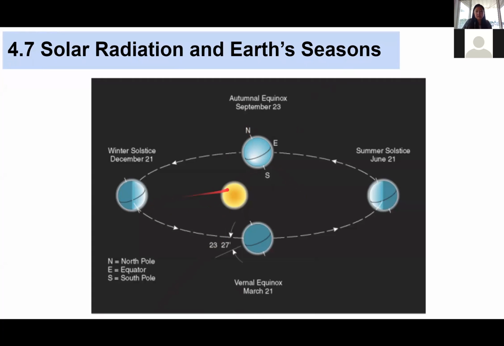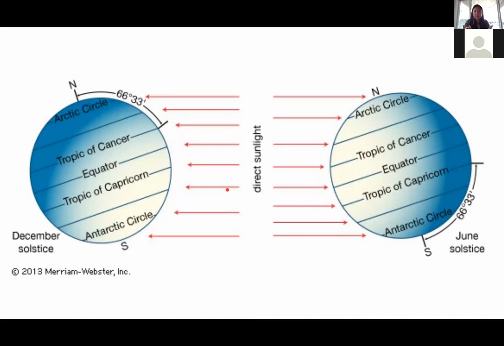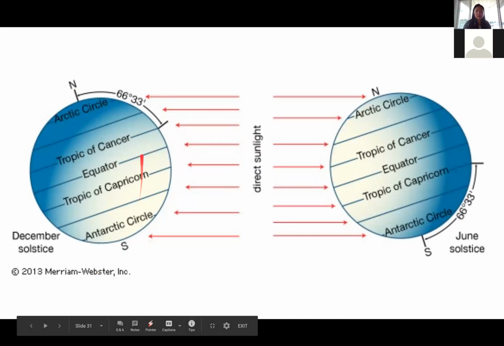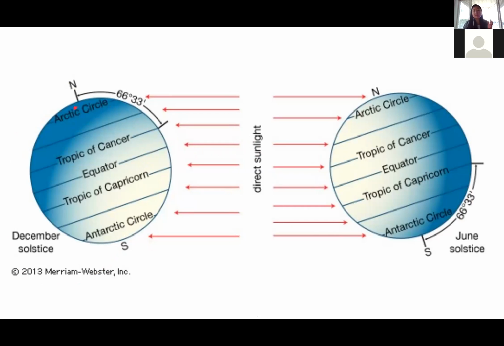So this is the picture that you often see on the AP test, and what it wants you to know is to orient ourselves, this over here is what the earth looks like in December. And remember, the earth is constantly spinning but on that tilt. You can see that there's more light hitting the southern hemisphere in December, which is why Australia has its summers during December.